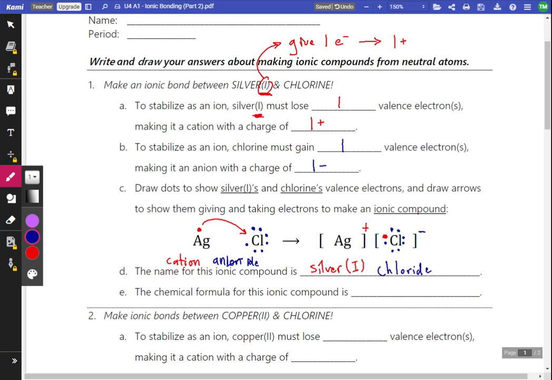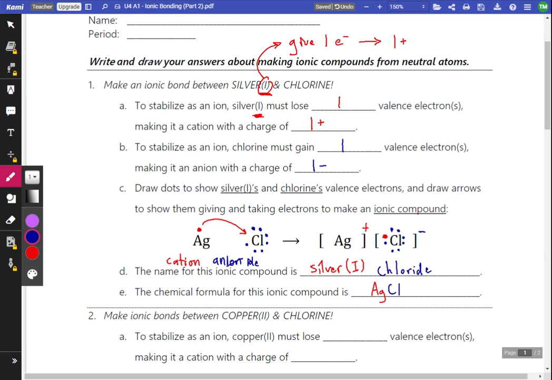The formula is just going to be how many atoms of each element we needed to make this thing happy. All we needed was 1 silver atom to make that cation, and a chloride anion, and that's it. The electrons did the rest.